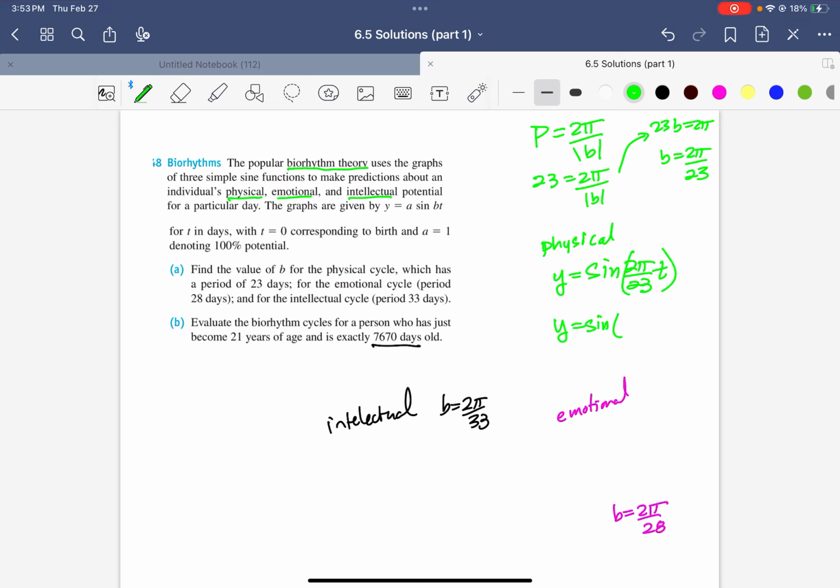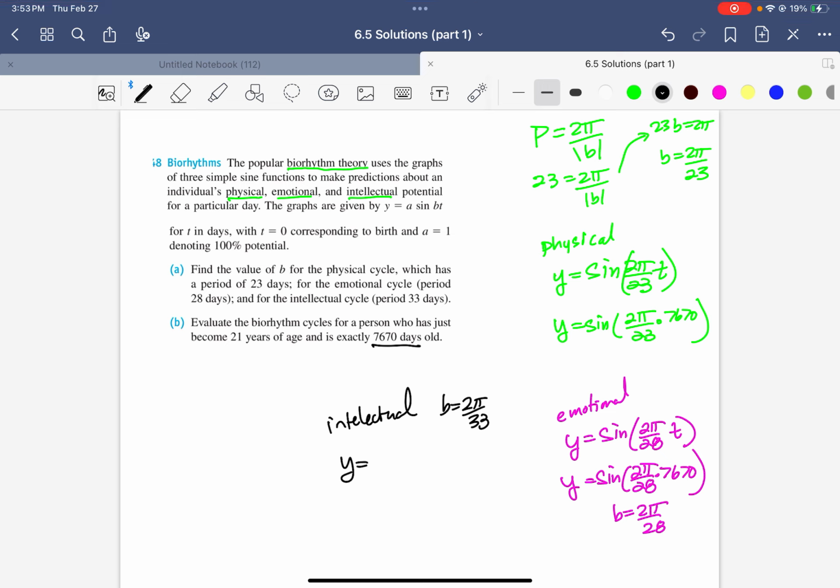So we need to find the sine of whatever that angle is. Then for emotional, our function is the sine of 2 pi over 28 t. And we want to evaluate that at 7670. And then for intellectual, we're going to take y is equal to sine of 2 pi over 33 and multiply it by 7670.